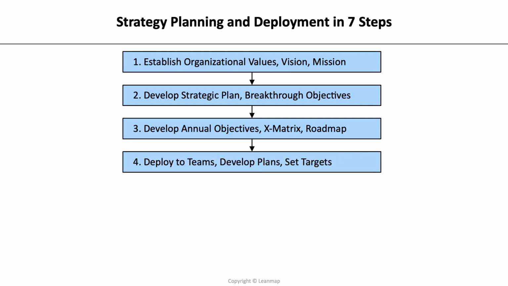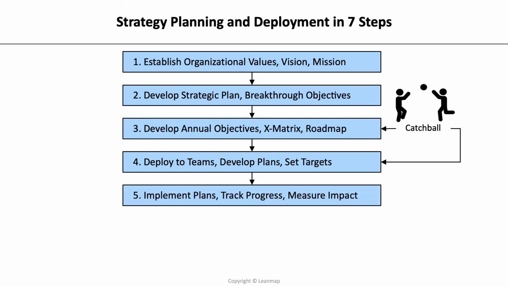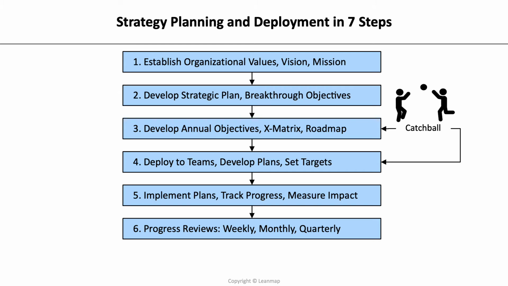4. Take those annual objectives and deploy them to teams, develop plans, and set targets. And use the Catchball process to make sure everybody is aligned. 5. Implement plans, track progress, and measure impact. 6.